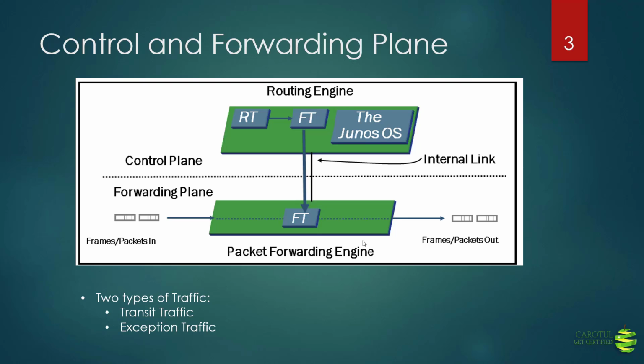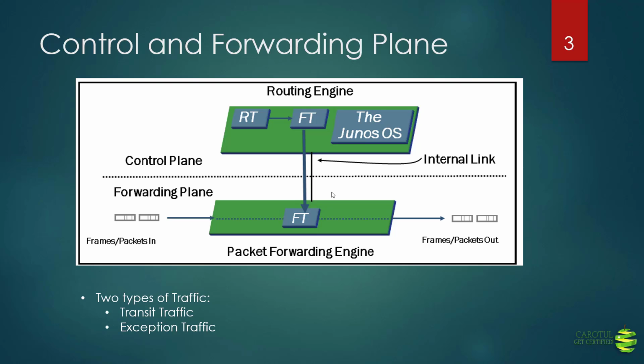Another thing you need to understand is that of course there will be a processor managing the routing engine, but for the packet forwarding engine, there are dedicated co-processors called ASICs, application specific integrated circuits, and their only duty is to receive frames and forward frames.